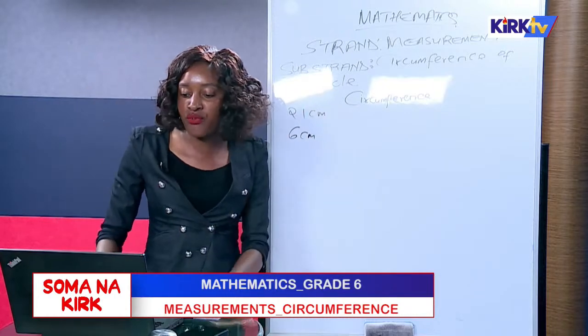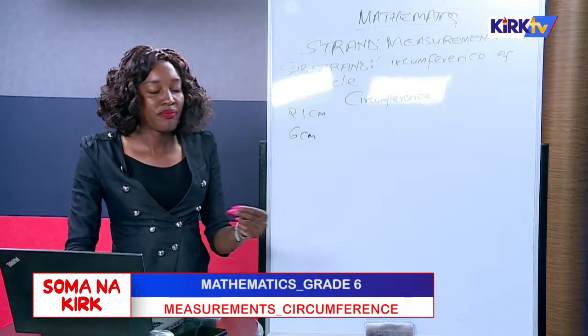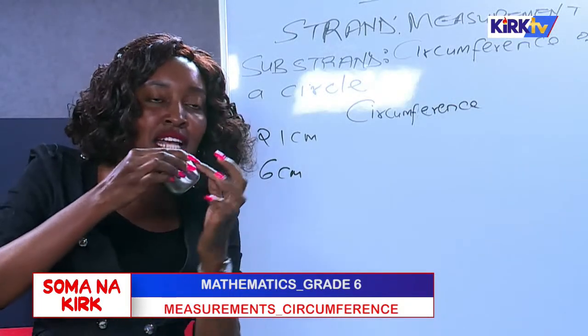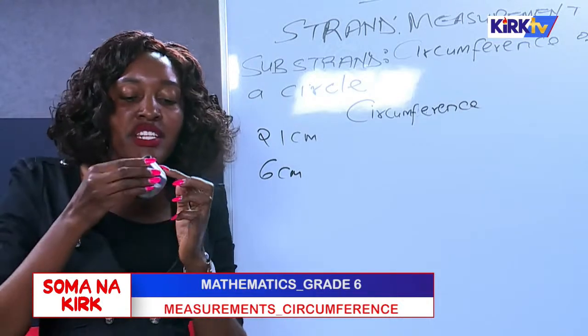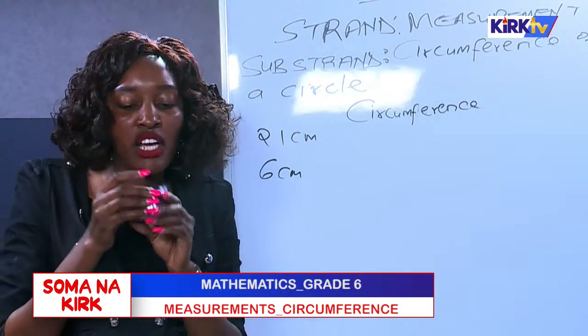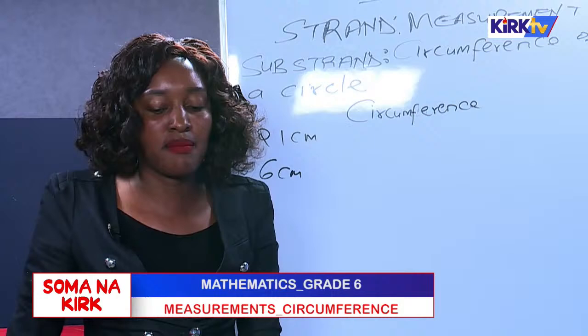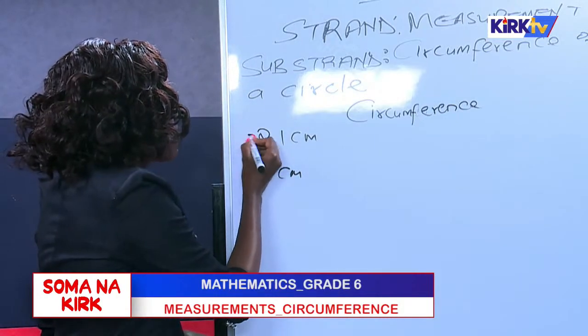So when you talk of circumference, circumference is basically whatever we've measured. It is the distance around the circular object. Are we together? The distance around the circular object or the cylindrical items. So this one was our circumference.